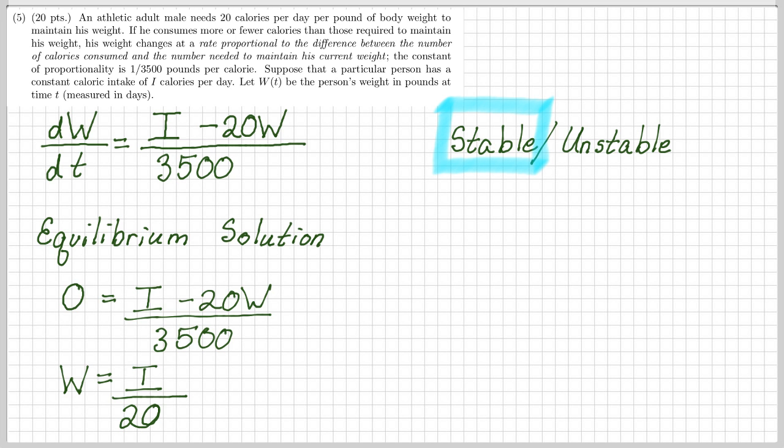If I eat 2,000 calories a day, my weight is going to change up until I need 2,000 calories per day in order to maintain my weight. So if that is fewer calories than I need, I will lose weight until I don't need any more than that 2,000 calories.